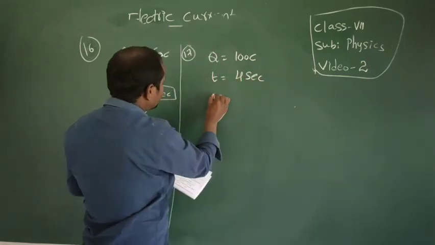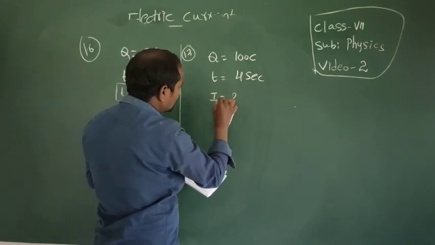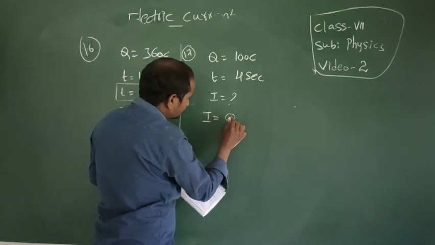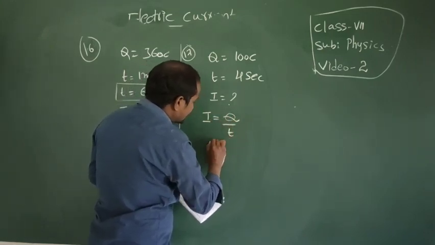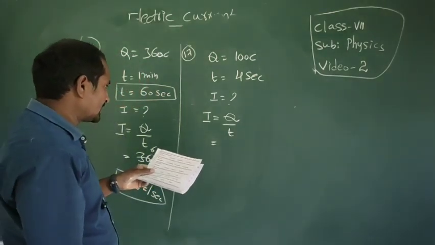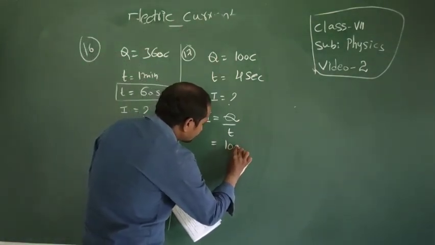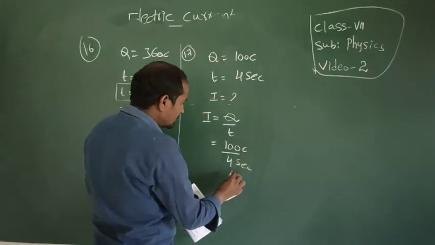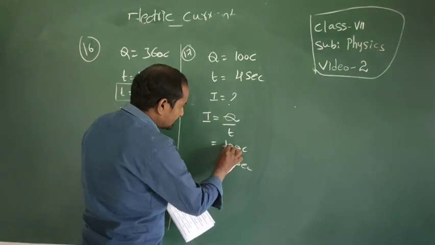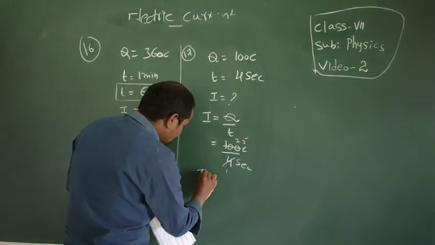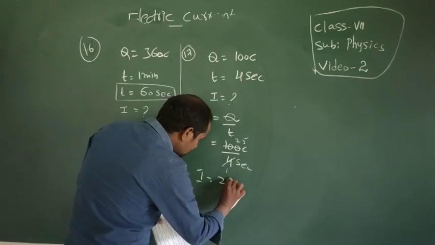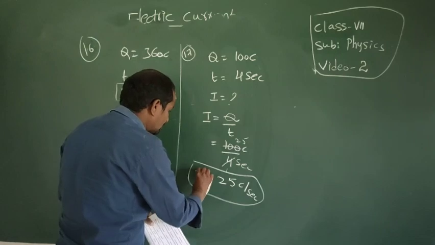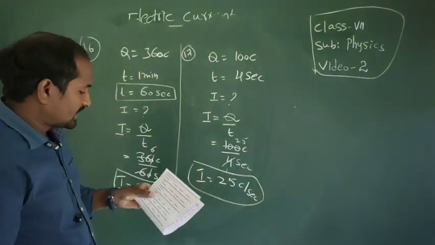Then I equal to Q by T, that is 100 by 4 seconds. 4 twenty-fives are 100, so I equal to 25 coulomb per second.